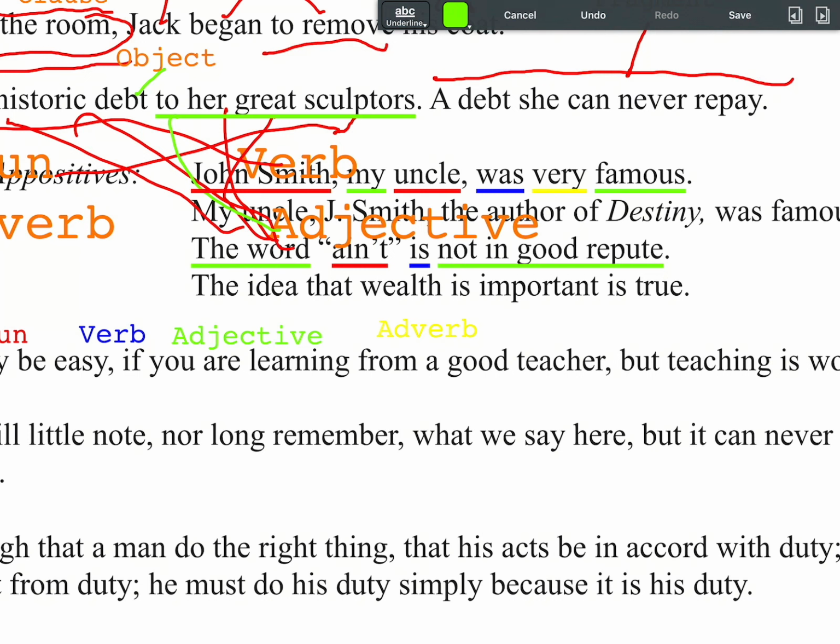Is true modifies idea. So there's different things here. Wealth is important is one major clause, but also the idea is true would itself be a sentence. And that wealth is important modifies idea by telling us which one.